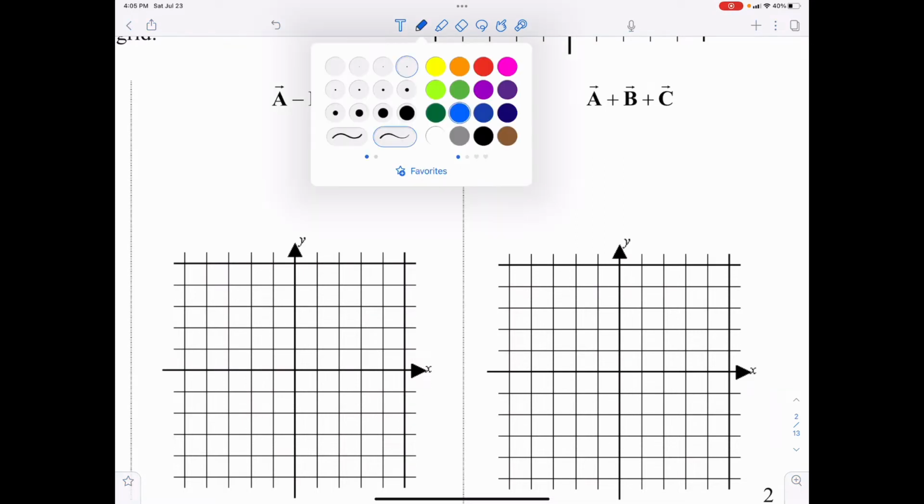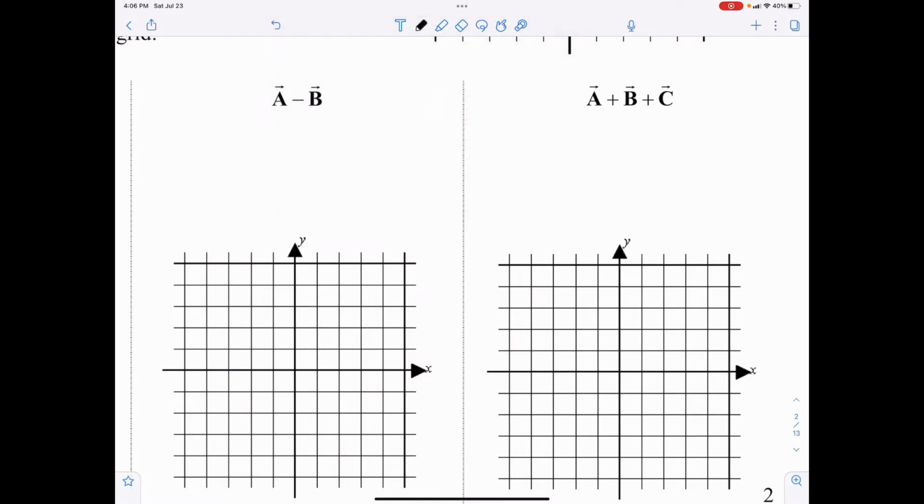So let's draw A. There's A. Okay, now negative B. If B goes this way, from 2 units to the right, 1 unit up. That's B. That means negative B goes exactly the opposite way. Same magnitude, completely opposite in direction.